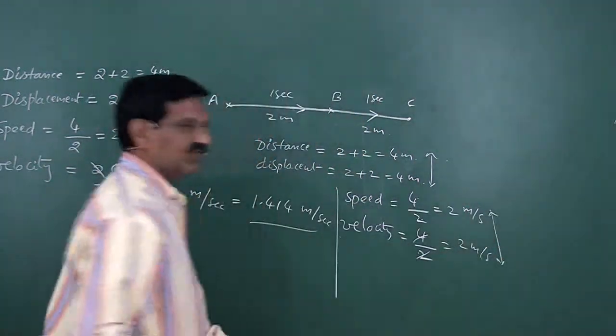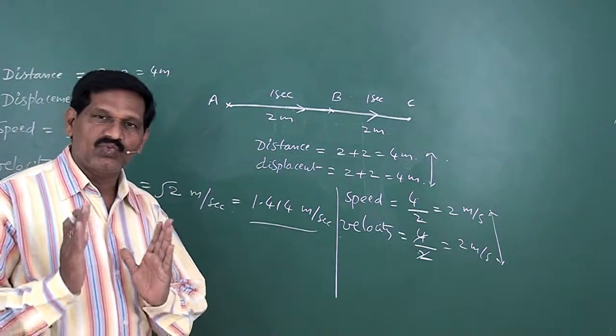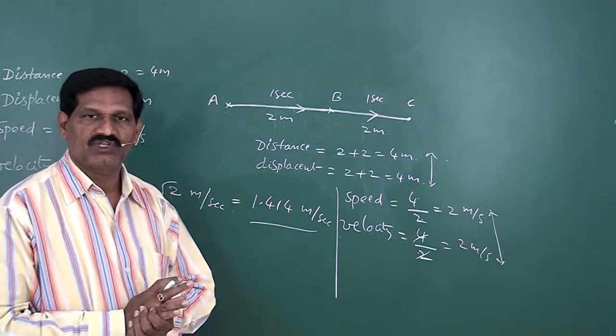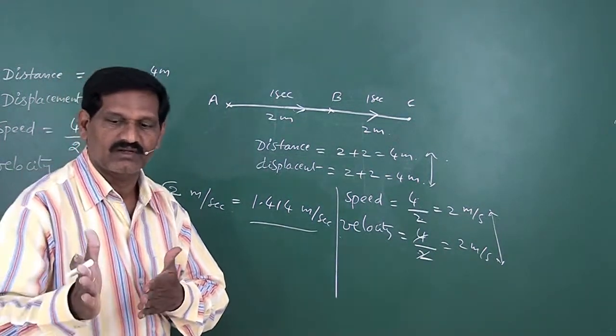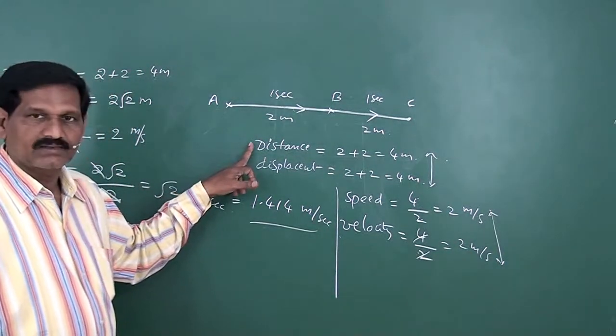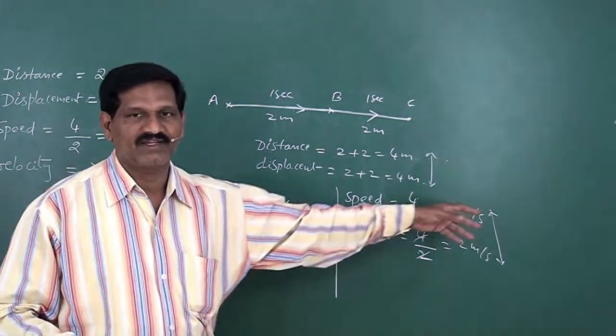So if you take this example, when the body moves in the same straight line in the same direction, then both distance and displacement are equal, and speed and velocity are equal.